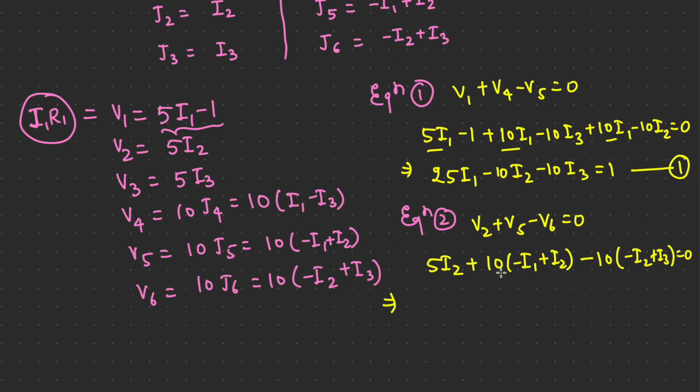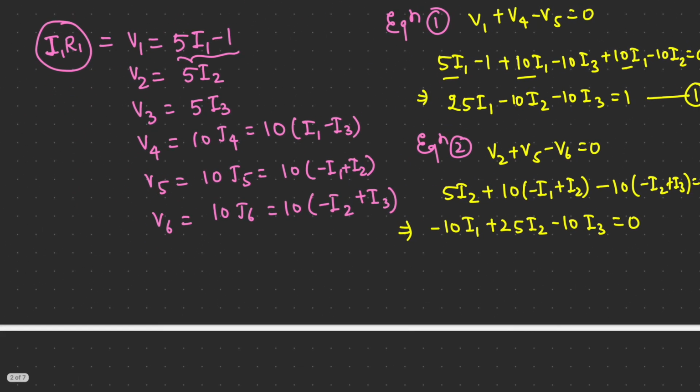Combining, I1 gives minus 10I1, I2 gives plus 10I2, plus 10I2 and 5I2, so plus 25I2. Then I3 we have minus 10I3 equal to 0.